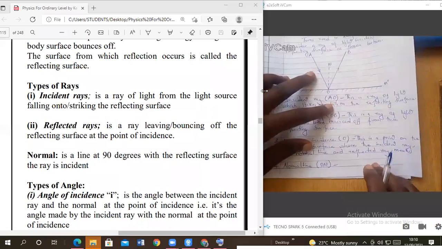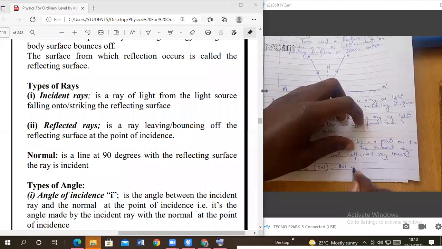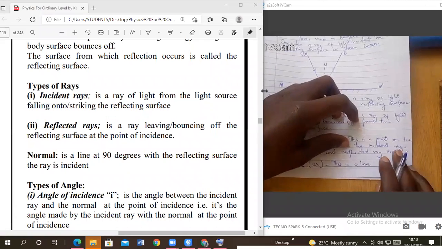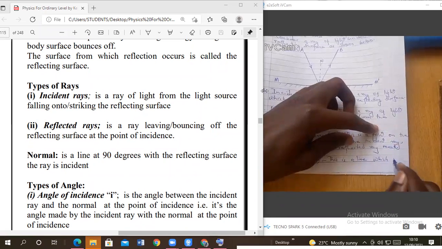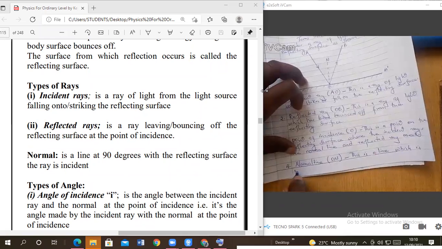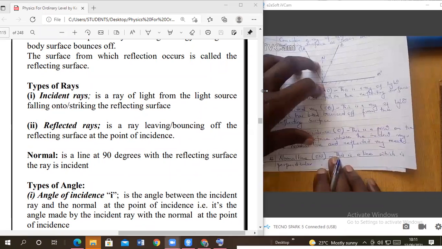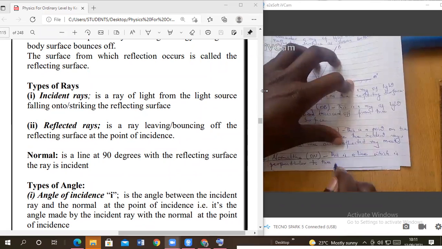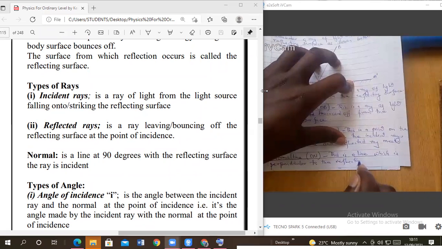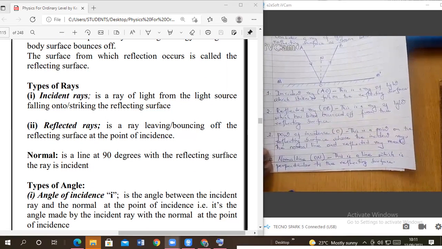So what is a normal line? We said this is a line which is perpendicular to the reflecting surface.